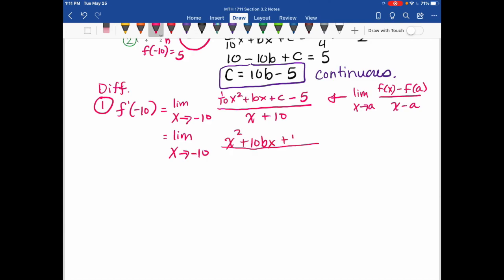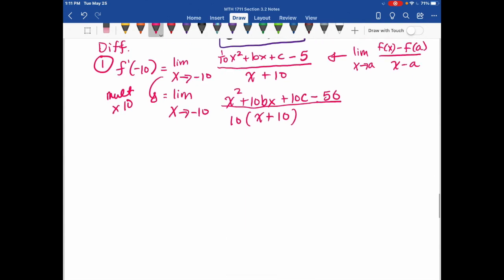And when I multiply the top and the bottom by 10, that's going to give me x squared plus 10bx plus 10c minus 50. And that's all over x plus 10. And I have to multiply the bottom by 10 as well, so I have a 10 out in front here. So from this step to this step, all I did was multiply by 10 to clear that complex fraction, that 1/10.